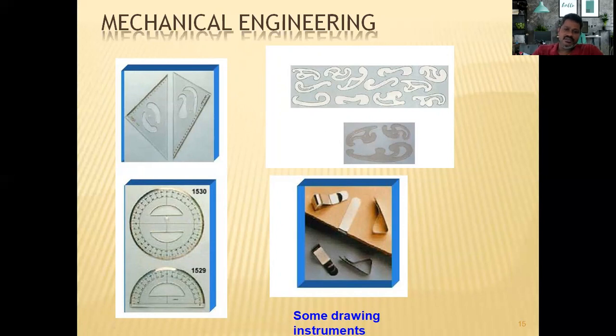Now we have the drawing clips. As I said just now, drawing clips hold the drawing sheet on the drawing board firmly, without moving, as you can see here. Then we have the compass. The compass is also required to locate the points at a desired angle. To draw the lines at the desired angle, we need to measure the angles first.